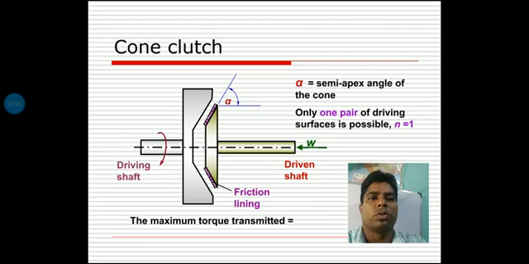In that particular area, the distribution of the pressure may follow uniform pressure theory and may be uniform wear theory. So both the uniform pressure theory and uniform wear theory are applicable for this type of design of cone clutch, and that's why this type of clutch is mostly used for automobile vehicles or any type of vehicle.